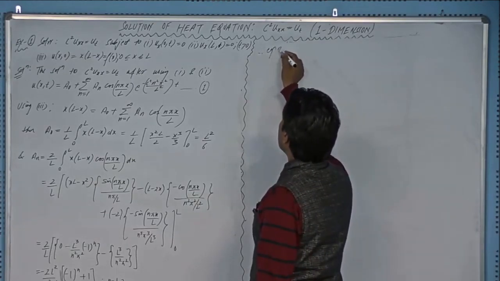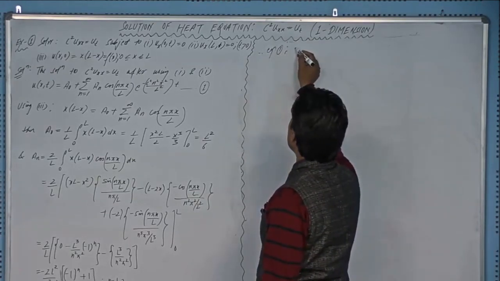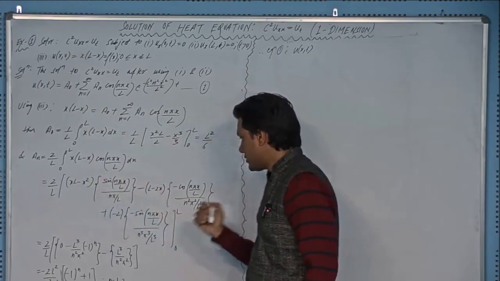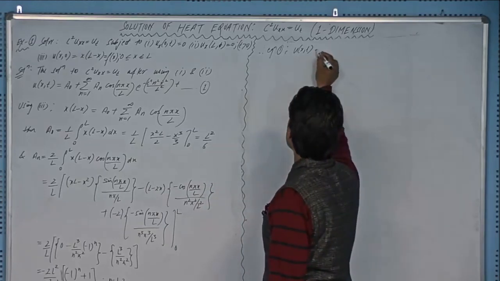Therefore, equation 1 gives u(x, t), with the value of a naught, and that is L square over 6.